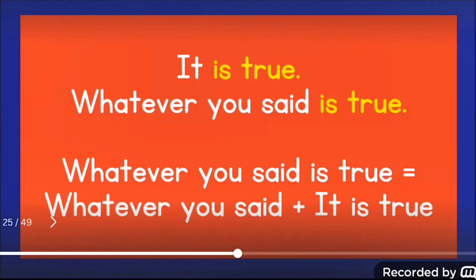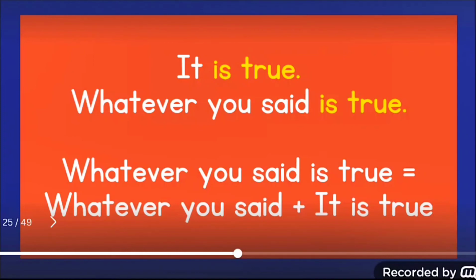It is true. What is the subject here? It, right? It is a pronoun. So pronoun is also another form, a substitute for noun. Okay. So it എന്ന subject സ്ഥാനത്ത് നമ്മൾ it എന്ന വാക്കിനെ മാറ്റിയിട്ട് suppose we add an entire clause. Let us see. Whatever you said is true. ഇവിടുത്തെ subject ഏതാണ്? What is the subject in this sentence?